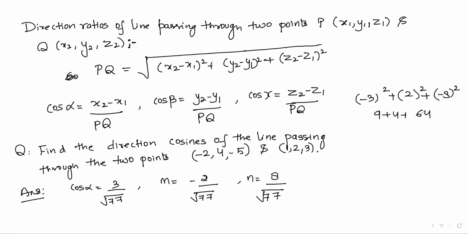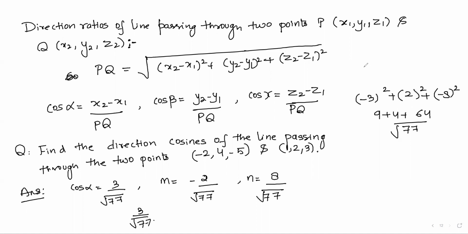So it is 73 and 4, 77, under root 77. Clear? So Umair, I hope you're also getting this. So 1 minus 2 will give you 3 by root 77.